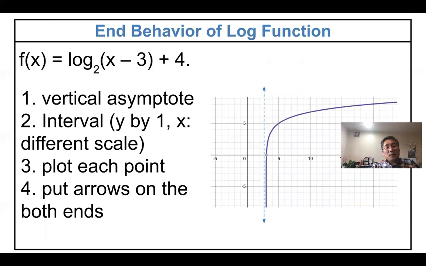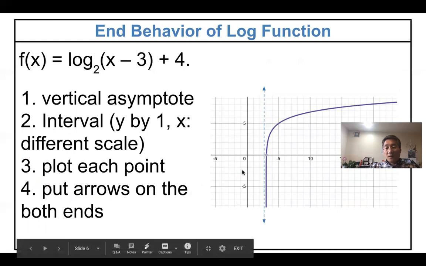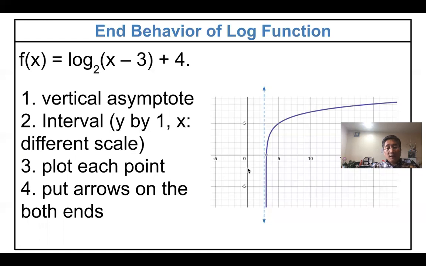So this is the way. First, what should you do? You find the vertical asymptote, and make sure when you draw the interval, y goes up by 1 always for the log function. X is the opposite of the exponential function, right? In the exponential function, x goes up by 1.